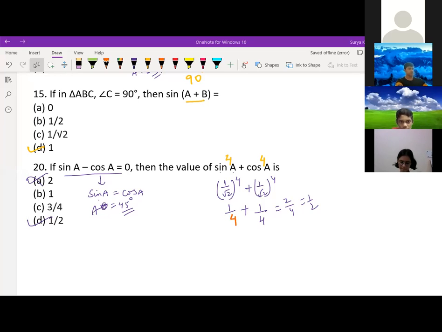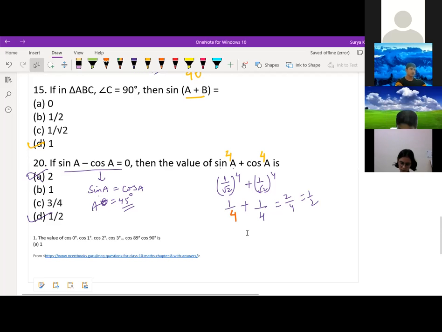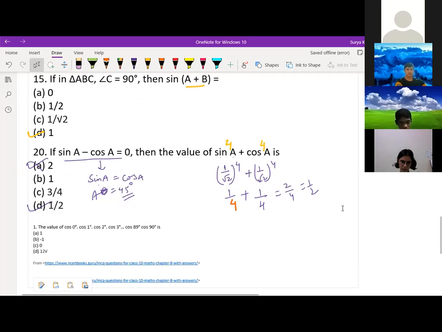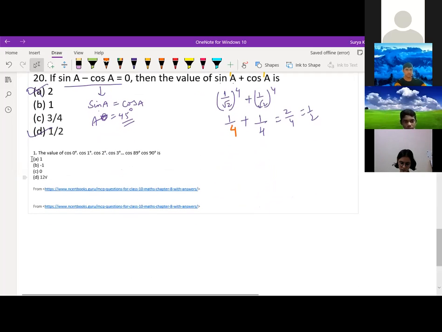Okay, 1 minute. These questions may come, like the complementary angle kind of thing. The answer is 0. How is the answer 0 for this?